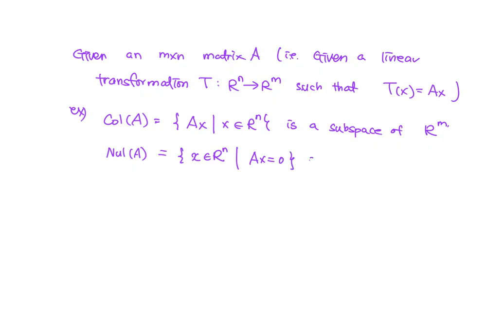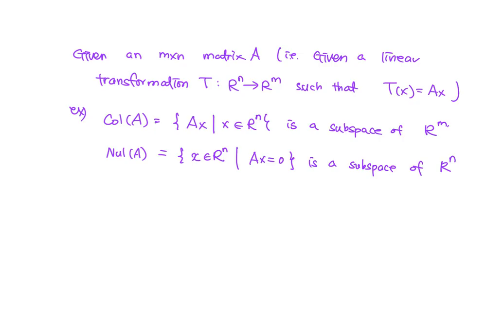And that is a subspace of the domain Rn space. So those are some examples of vector spaces and subspaces, right? Questions regarding those definitions?